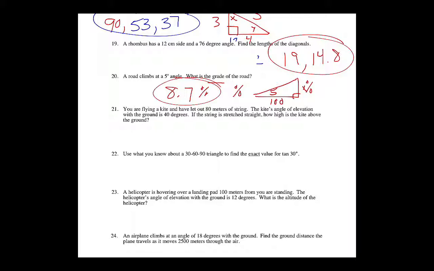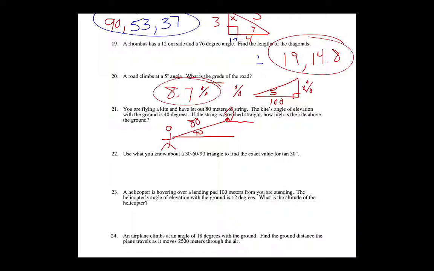Problem number 20. You're flying a kite and have let out 80 meters of string. Well, if I'm flying a kite, I'm over here, and the string, I've let out 80 meters, and my kite is flying up here. The kite's angle of elevation with the ground is 40 degrees. So 40 degrees here.